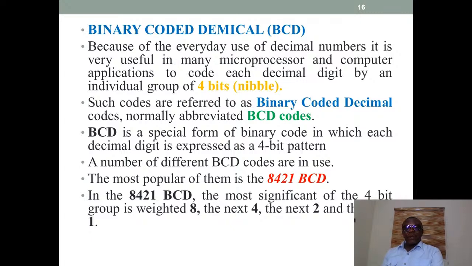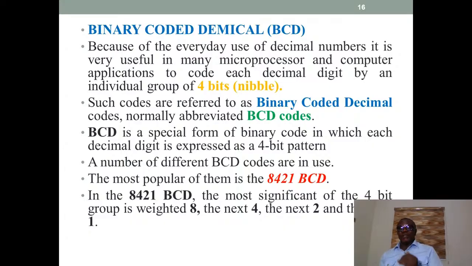In this 8421 BCD code, the most significant bit of the 4 bits is weighted 8, the next 4, the next 2, and the least significant bit is weighted 1, just like we showed when we were starting, that the least significant bit is 2 raised to power 0, which is 1. The next one, 2 raised to power 1, which is 2, like that.